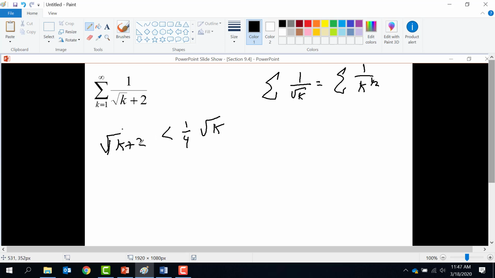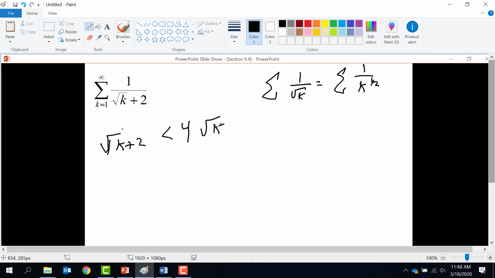This doesn't work. If I put in 1, 1 plus 2 is 3. We want to make this more than 3, not less than 3. So we should multiply by 4, right? Not 1/4. So let me go ahead and get rid of this 4th. We should have used a factor of 4.